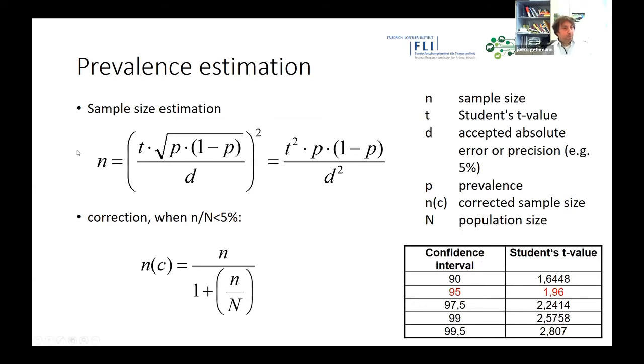Then you put in your design prevalence, and you have to use an acceptable absolute error or precision. So here, we choose 30% and plus minus 5% is your precision.